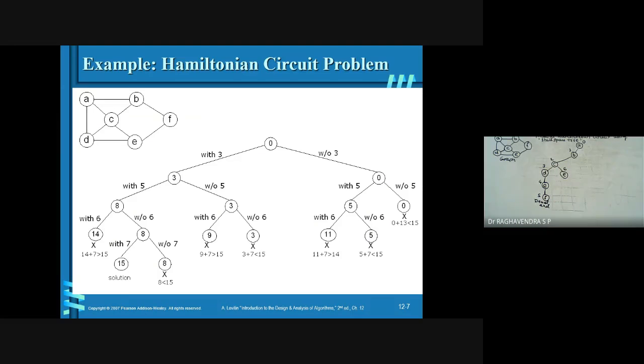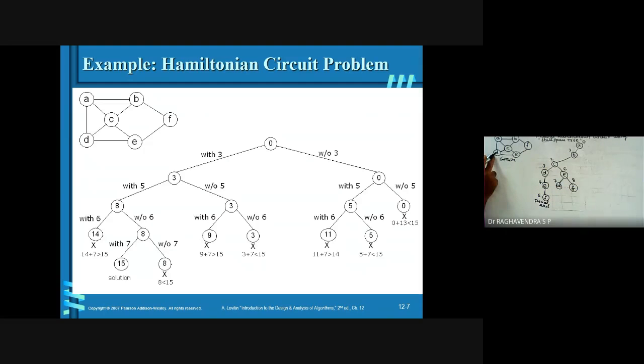Okay. Next. So next possibility is, after I have reached E, only two options left for me. Either I have to go for D, or I have to go for F. So I will call this as 7th and 8th vertex.